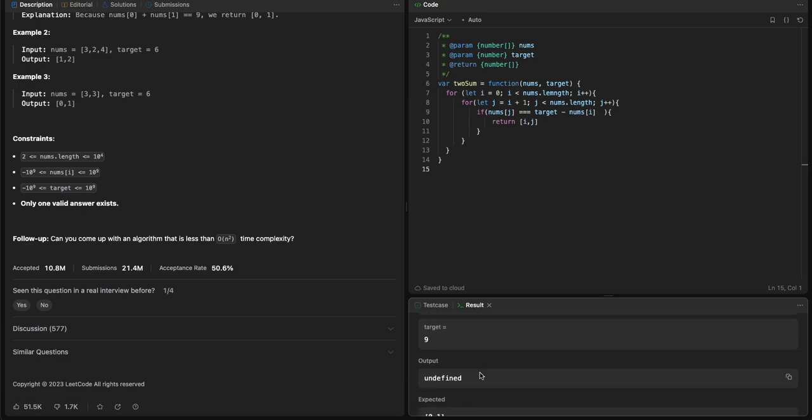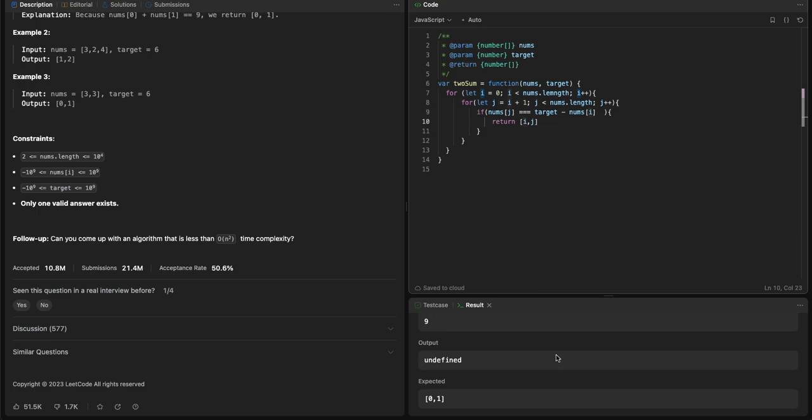The output is undefined. Why is the output undefined? Okay, this is quite weird. So we have if nums of j equals target minus nums of i, we return i and j, but the output is undefined.